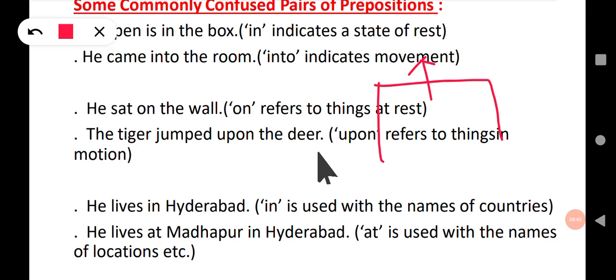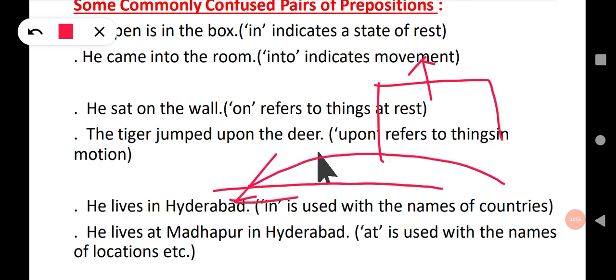Upon here refers to things which are in motion. For example, let us say there is a deer running, and along with the deer there is also a tiger which is running, and finally it jumped upon the deer. Upon in the sense of on that deer, but we cannot say on that deer here because both the deer and the tiger are running, they are in motion.